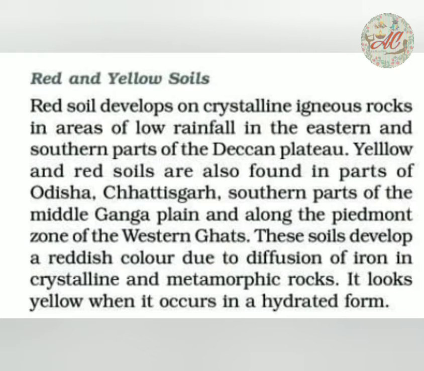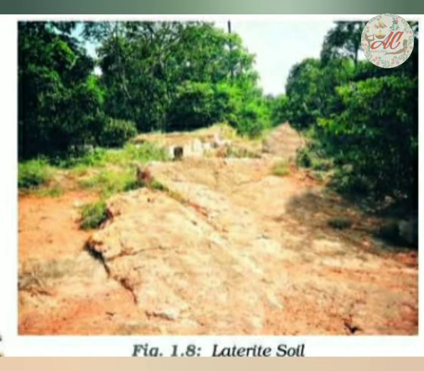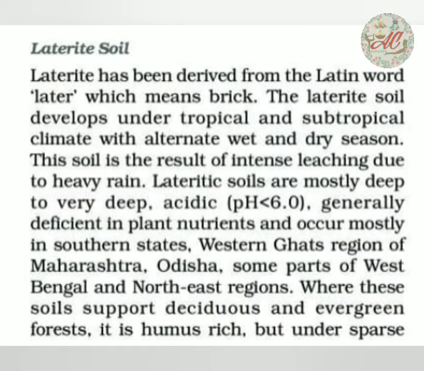Next is laterite soil. Laterite has been derived from the Latin word later, which means brick. The laterite soil develops in areas with high temperature and heavy rainfall. This is a result of intense leaching due to heavy rain.